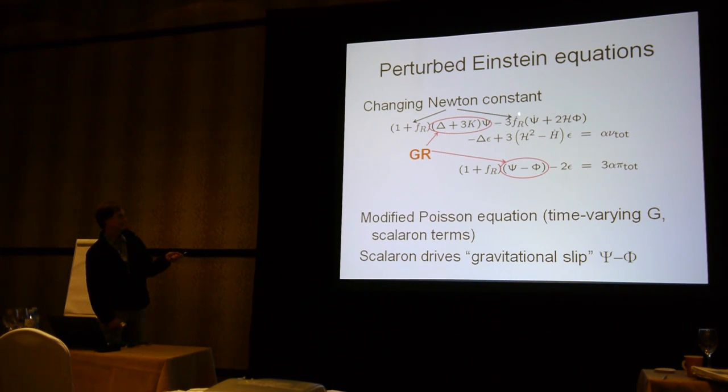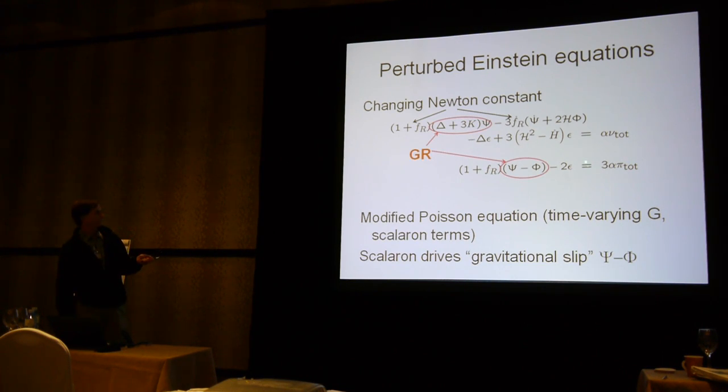And in this case, those time derivatives, which are evaluated on the background, of course, are modulated by the perturbations of that background, these metric potentials. So these terms, and the 1 plus F_R here, all come from this variable gravitation constant aspect.